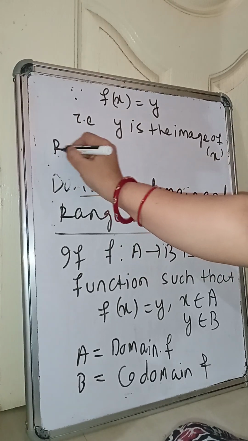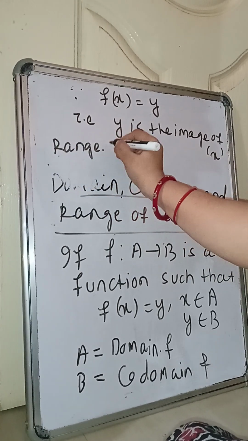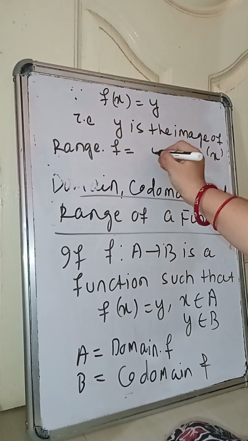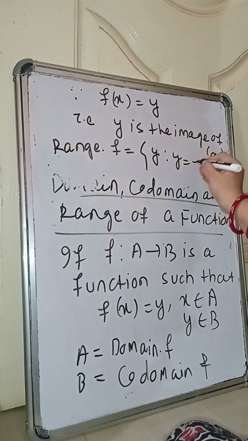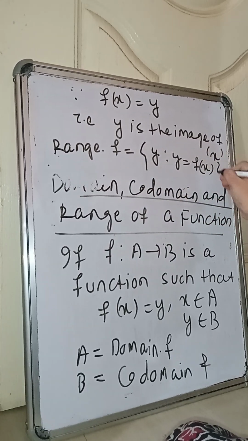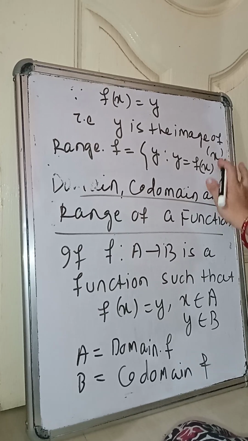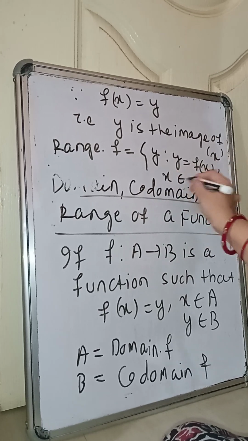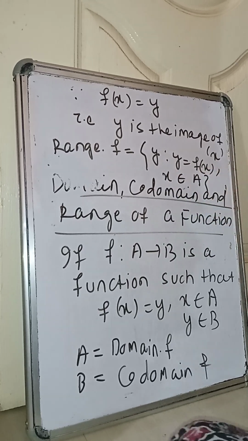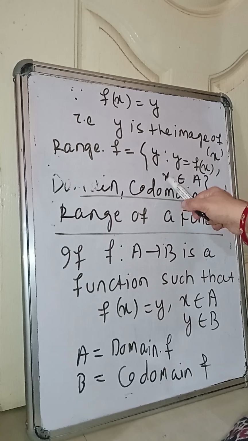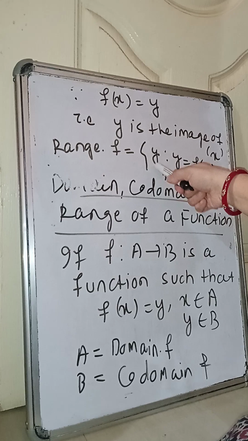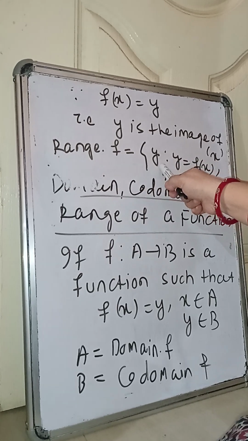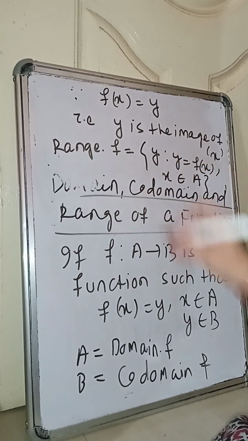Now the range of the function is nothing but the collection of all y such that y equals f of x. One thing you can add here, this x comes from your domain set. So whatever elements you find from your domain set, if you find its images, that is your y. Now the collection of all the y is the range of the function. Thank you.